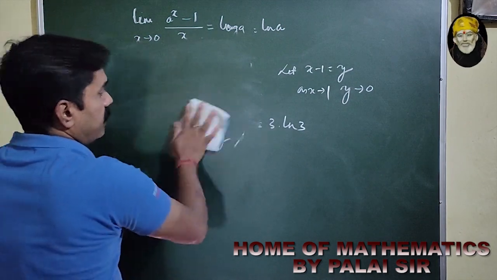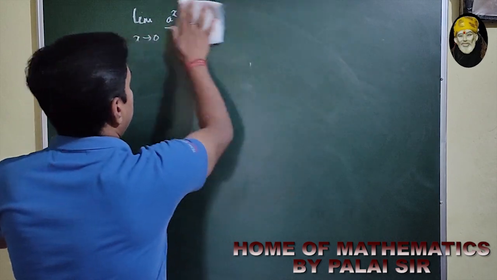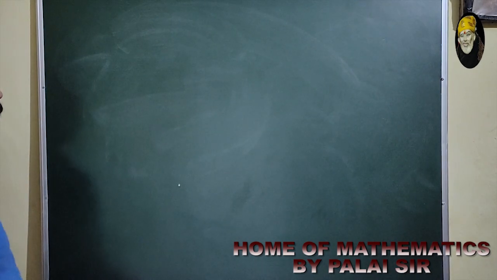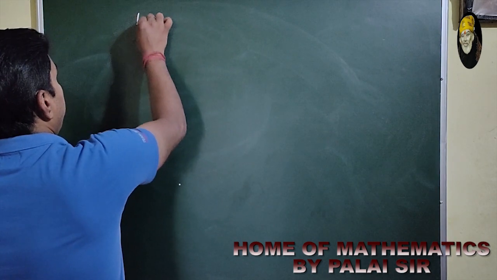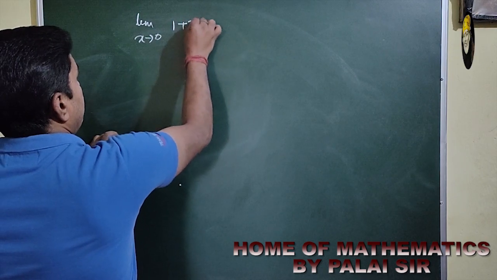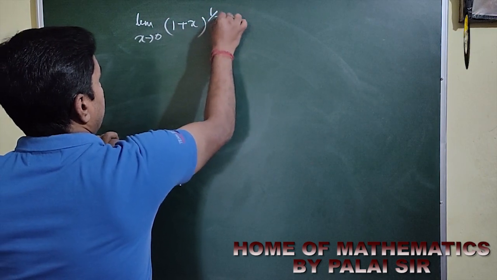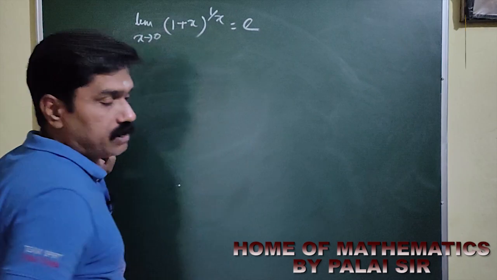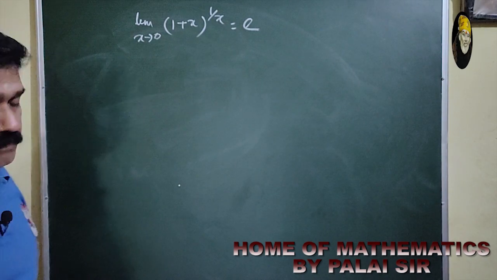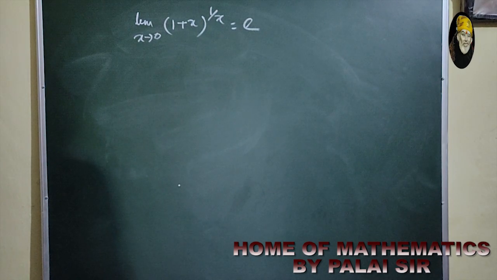Similarly, there is another formula, that is what? Limit x tends to 0, 1 plus x to the power 1 by x, that is e, which is the base of the natural logarithm. And you are going to use this formula to solve the problems.